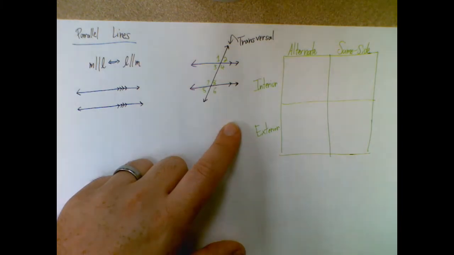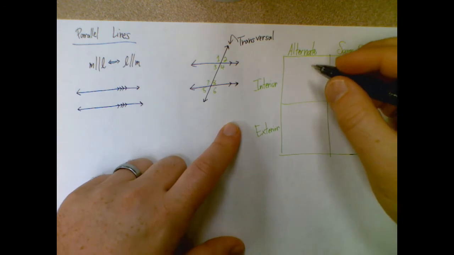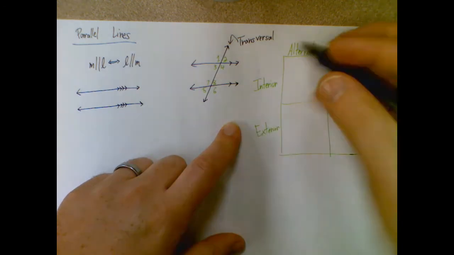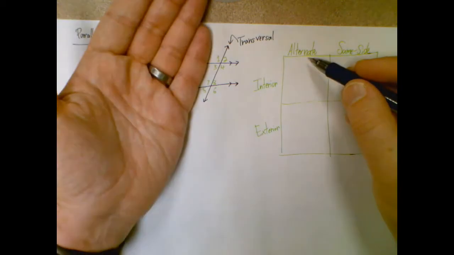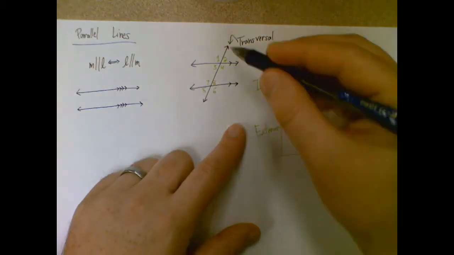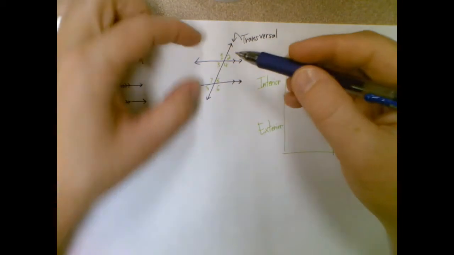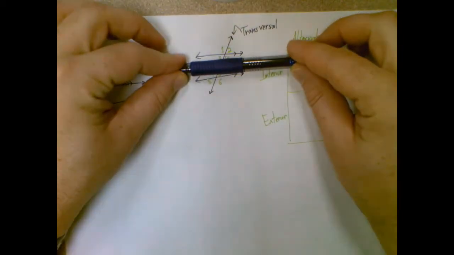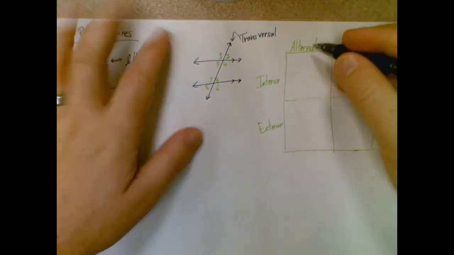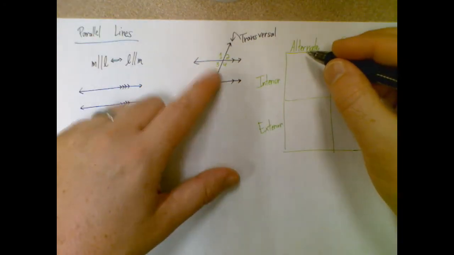I'm looking for sets of alternate interior angles. So alternate means one angle has to be on the left and one has to be on the right of our transversal. And interior means we're inside our parallel lines. So it'll be these 4 angles between the 2. So for alternate interior, I could have 3 and 8.